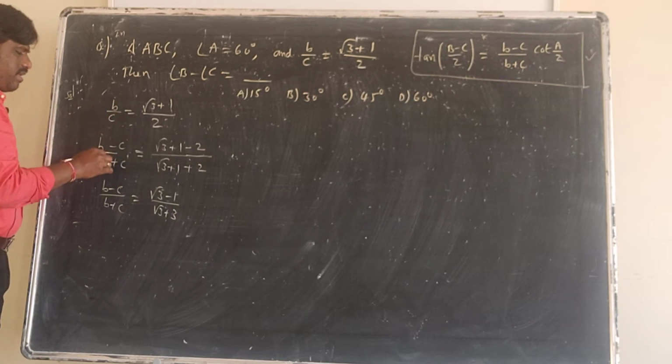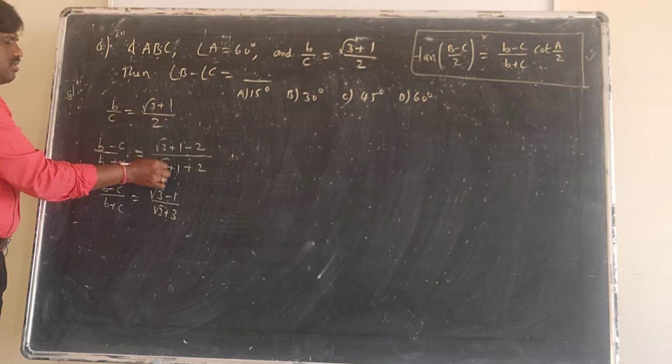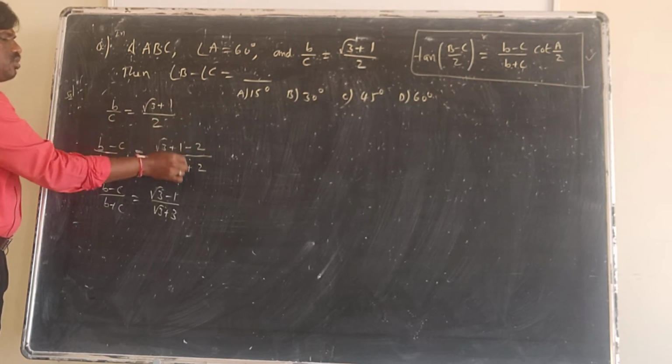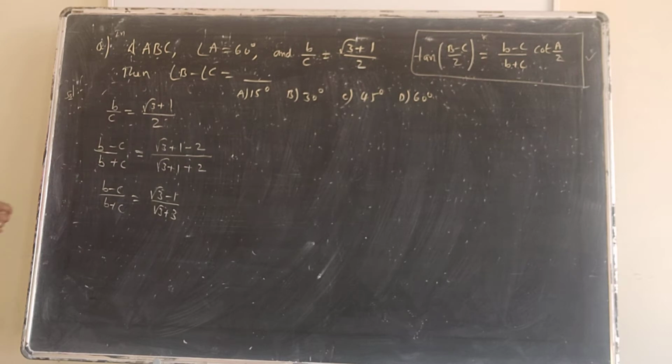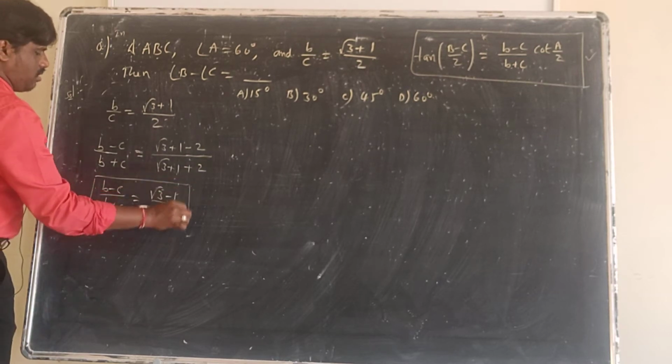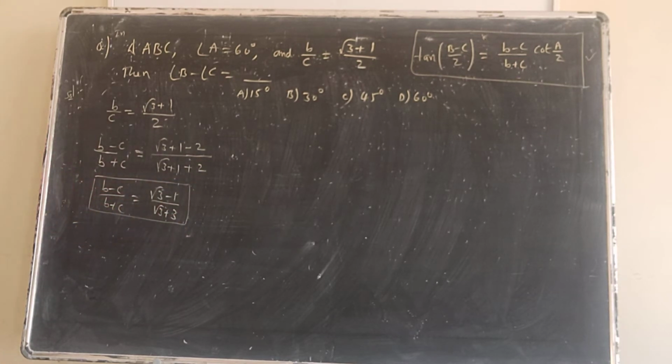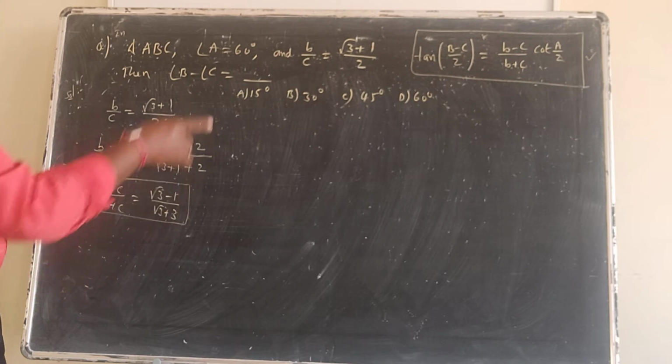See, b will be the same, minus c plus c, like here root 3 plus 1, minus 2 plus 2 you will get. So by componendo and dividendo, (b minus c) by (b plus c) is equal to (root 3 minus 1) by (root 3 plus 3). Now you can apply the formula.